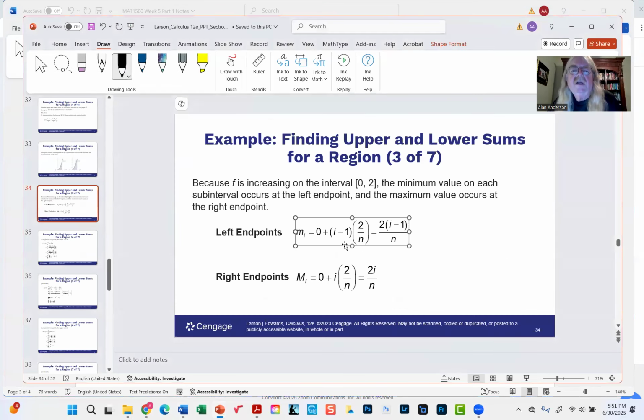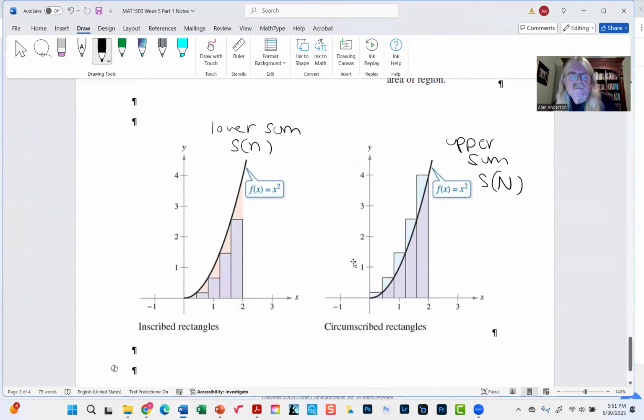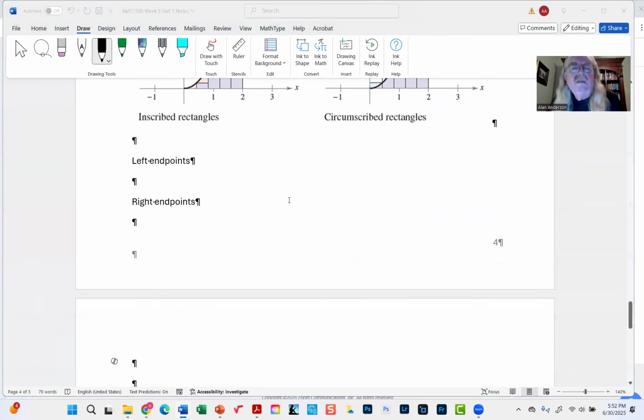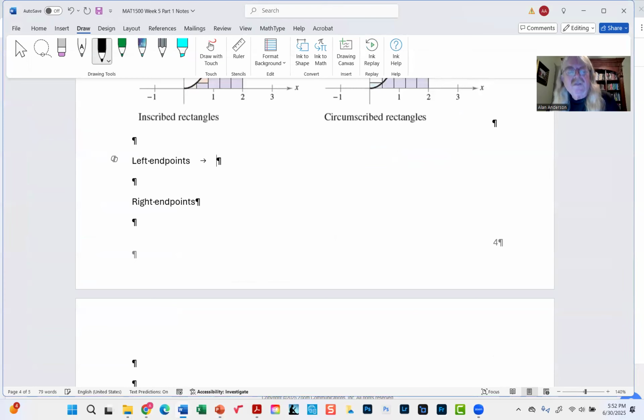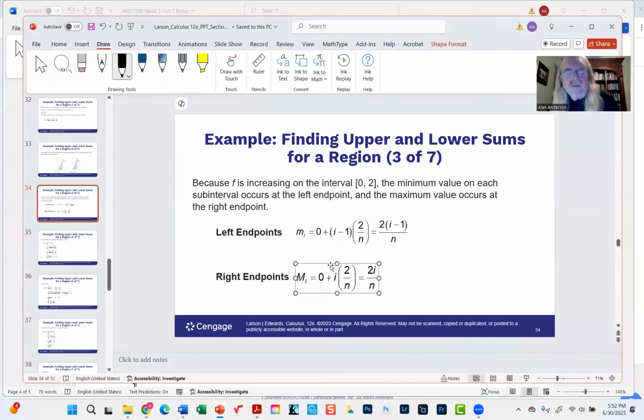Okay, all right, let's copy these. And this is the formula for finding them, based on the index i. And remember, the index itself refers to which rectangle this is, just like before.